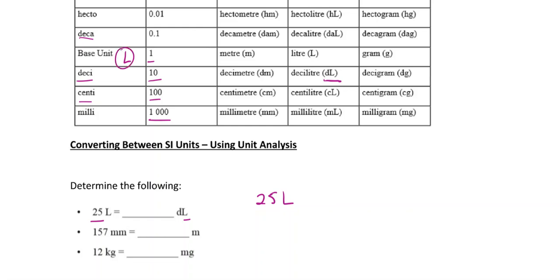How many deciliters are in a liter? 10. Yeah, there's 10. So all we've got to do is divide by 10. So we go 25 divided by 10.